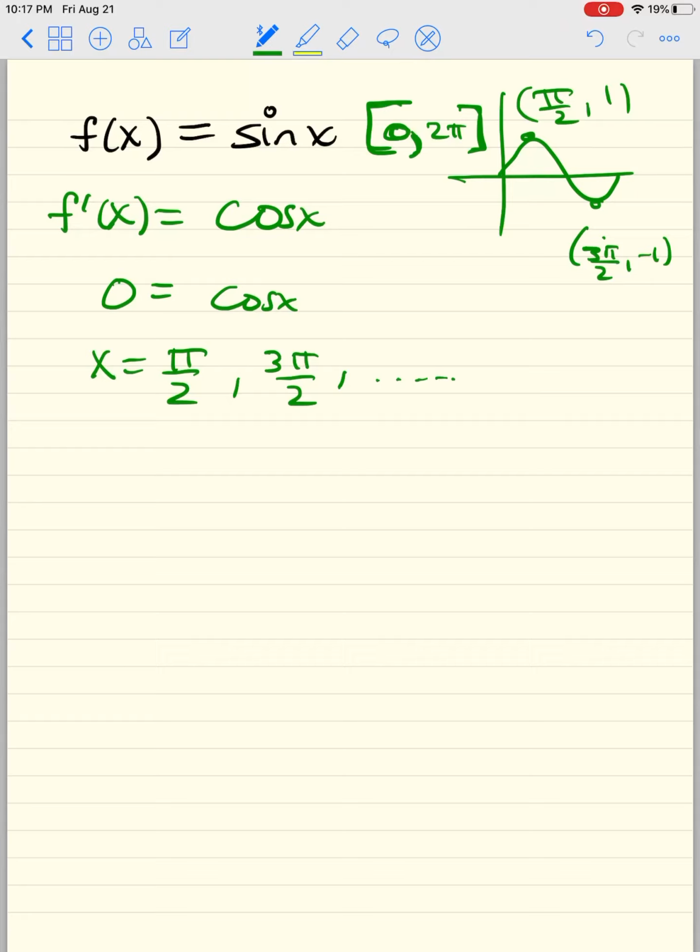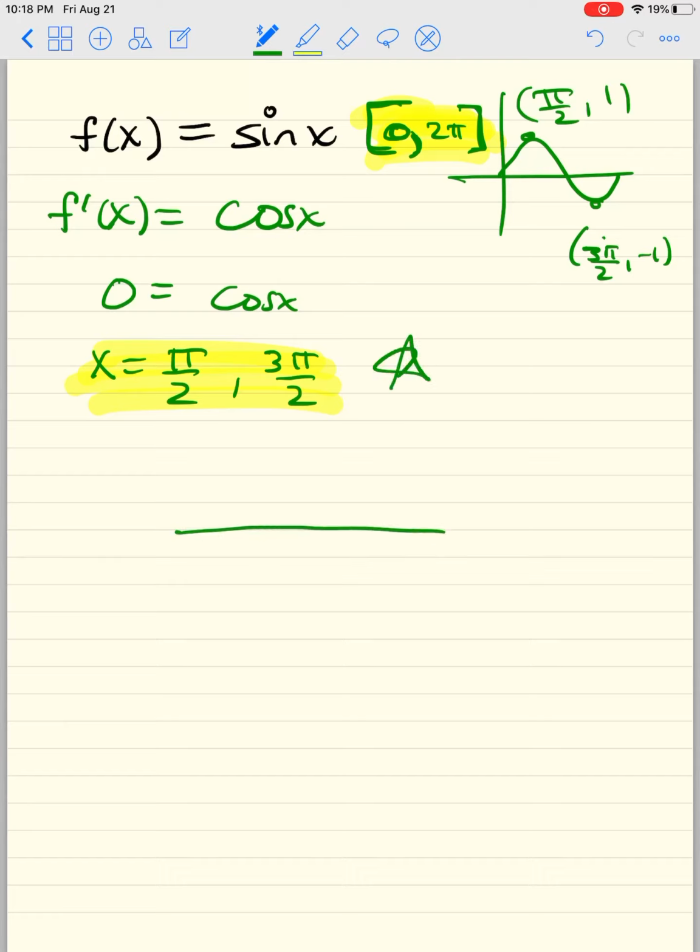So right now, cosine equals 0 at pi over 2 and 3 pi over 2 only, even though it's always pi over 2 plus 180 degrees, because I restricted my interval to 0 comma 2 pi. It's only these two here.